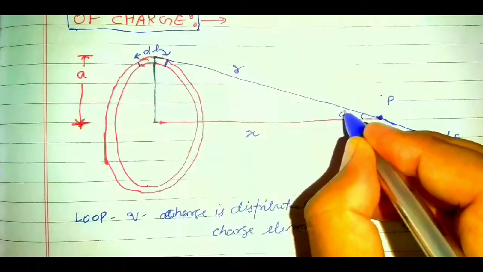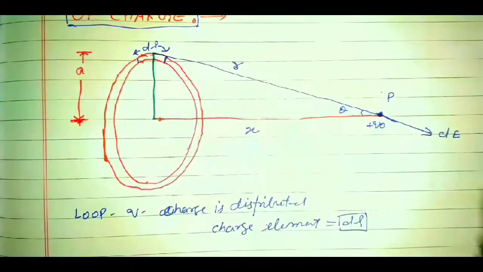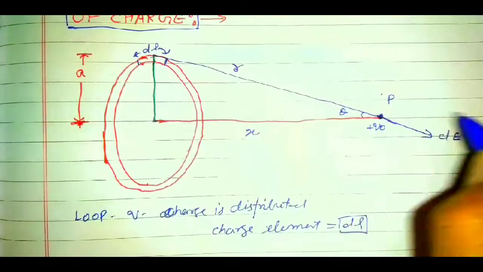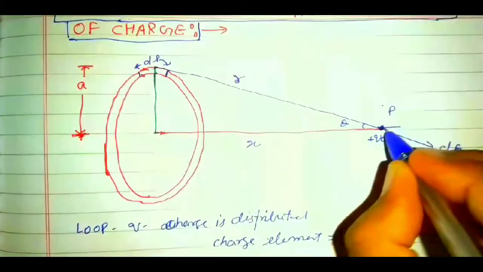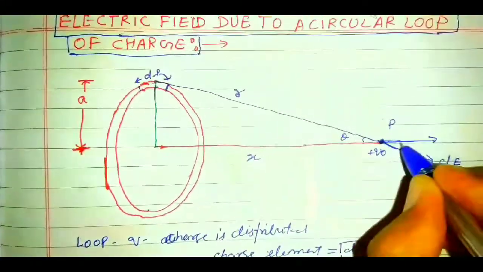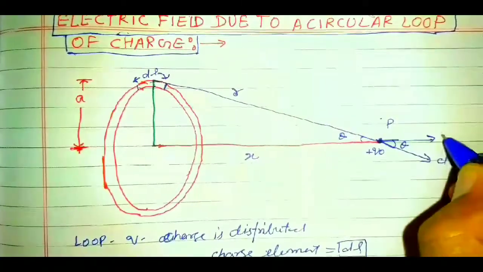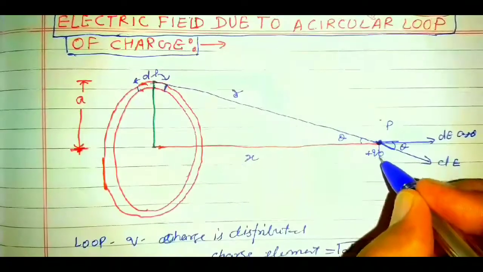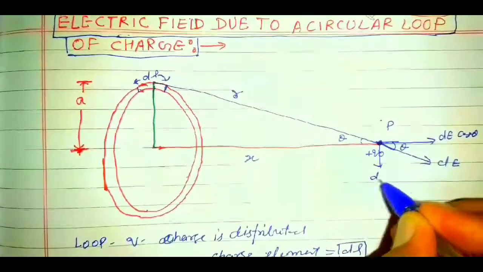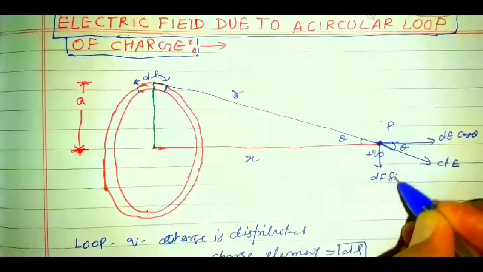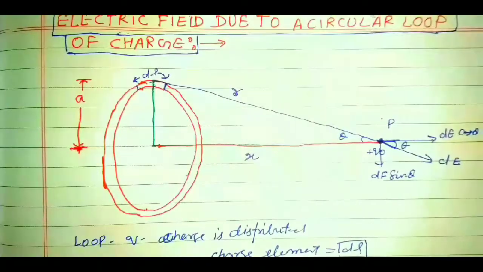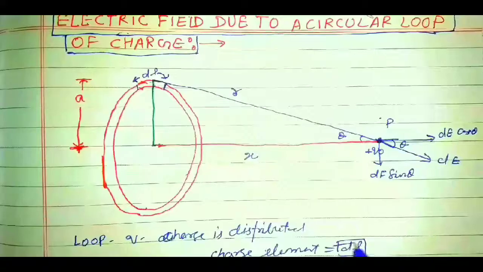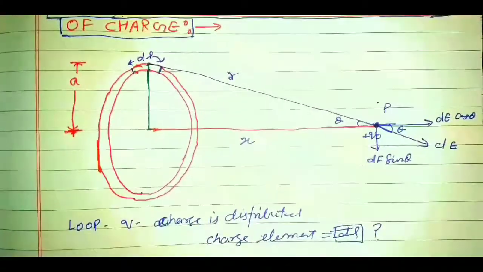It makes an angle theta with it. So now let us obtain two components of this electric field. One on this side, with this angle theta, is dE cos theta. And on this side, dE sin theta. Right?